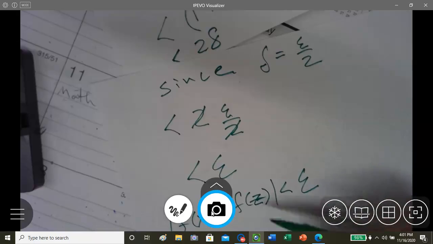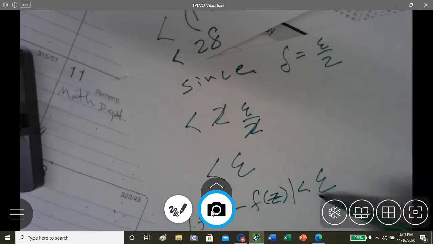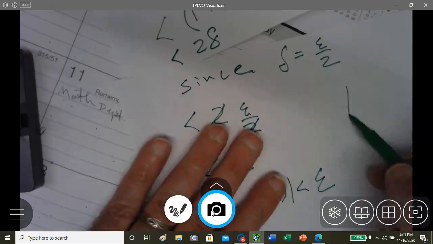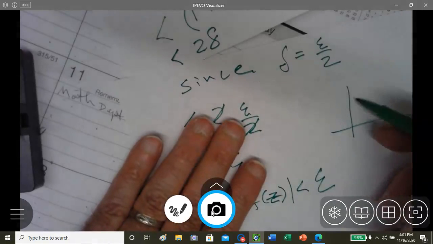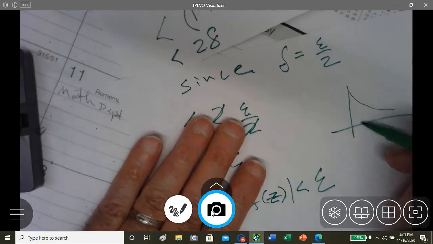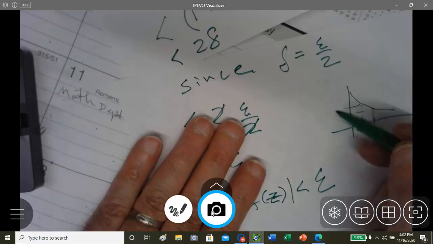Because if this is true, then on our interval, this is x and this is z. This is f of x minus f of z, right?